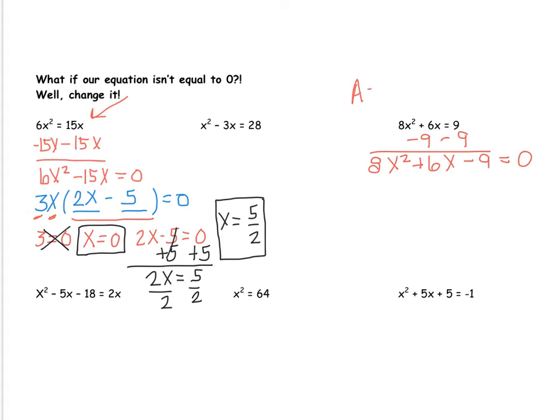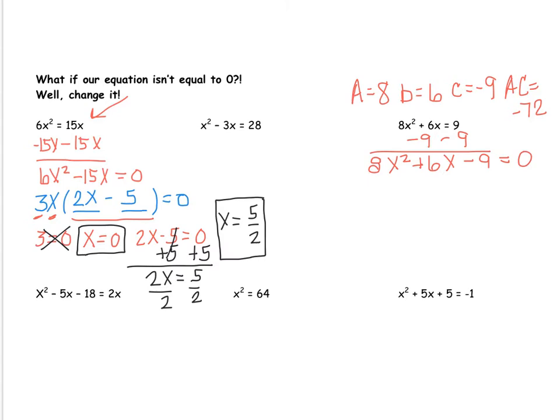A is 8, B is 6, C is negative 9, and AC is, what's that, negative 72. So we need to look at the factors of negative 72 that would add up to 6. All right, well, that's an obnoxious one.